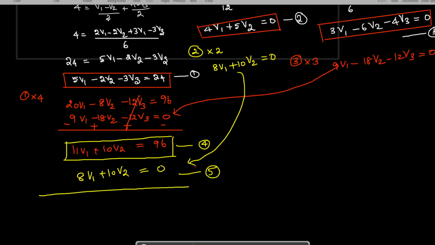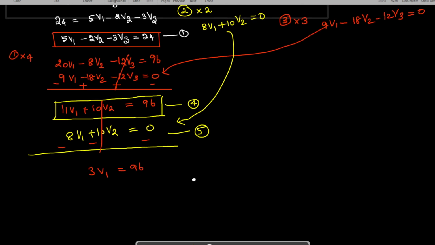When you solve this, take the fourth and fifth equation and change the signs for this: it is minus, this is minus, this is also minus. So you can cancel these two, and here you will get 11 minus 8, so 3V1 is equal to 96.